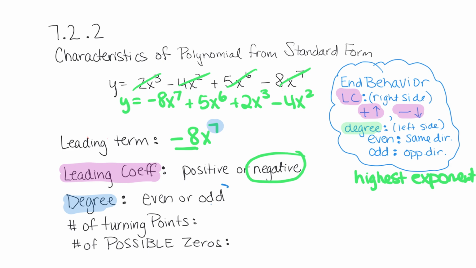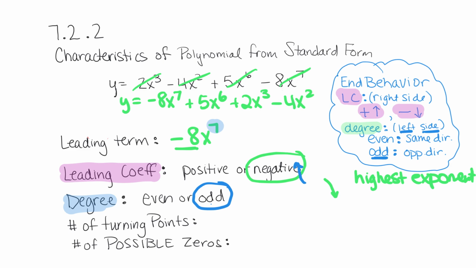Well, 7 is odd. And now I can kind of see what's happening, right? The leading coefficient means my right side is going to go down because it was negative. And because it's an odd degree, the left side is now going to go in the opposite direction. So that must mean my left side is going up. Okay, so we can kind of see what this polynomial is going to look like.